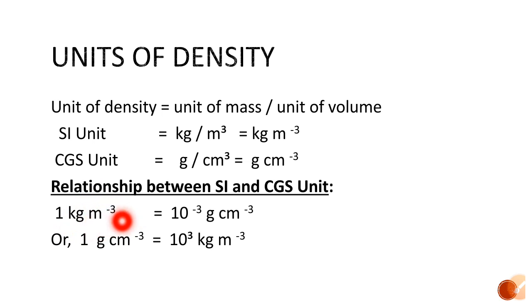Then try to find out, you will get the same value. Again, if it is 1 gram per centimeter cube, then it is equal to 10 to the power 3 kg per meter cube. So this is the relationship between the SI unit and CGS unit of density.